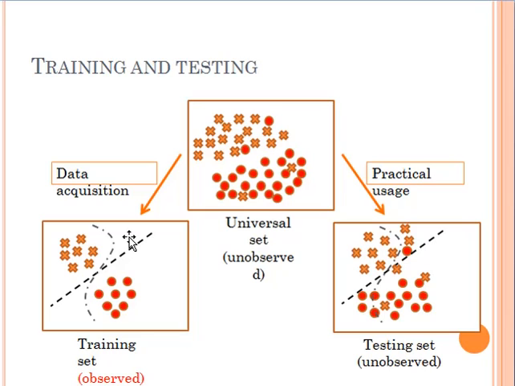One is the training set, which contains maybe 70 to 80% of the total data set, and it will contain all types of data, so that our algorithm can see what kind of data is present.